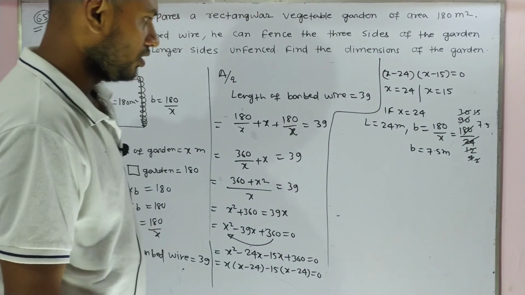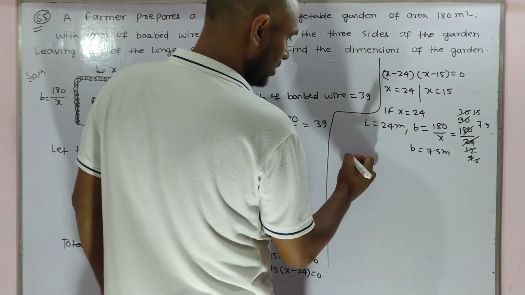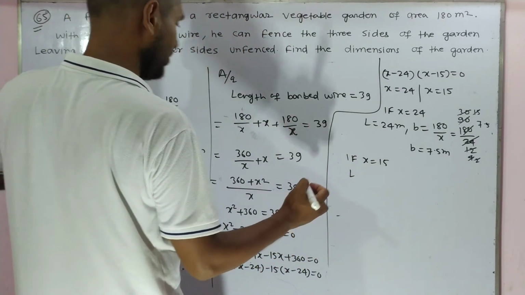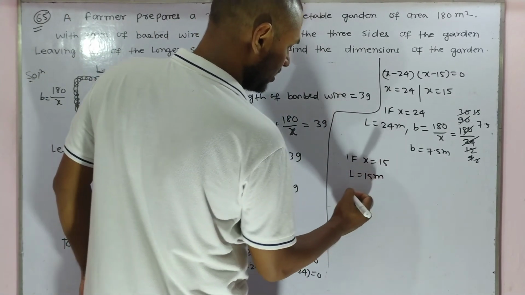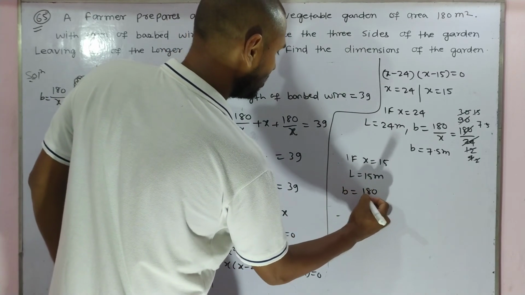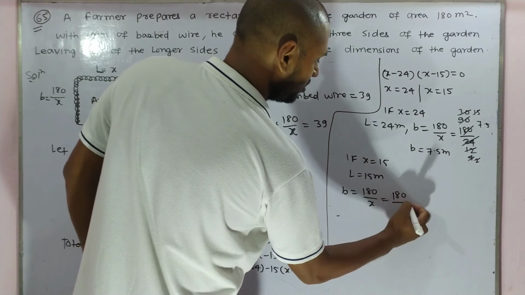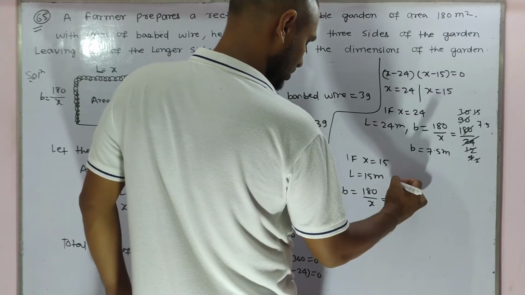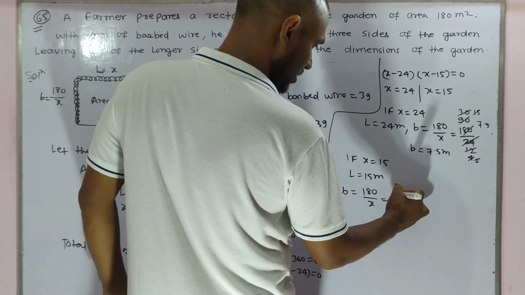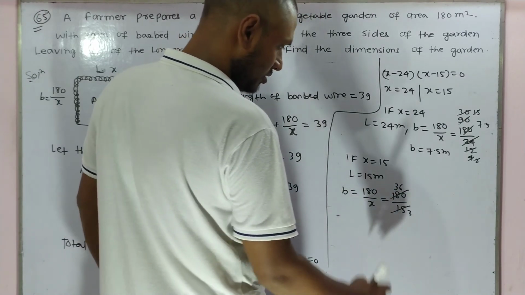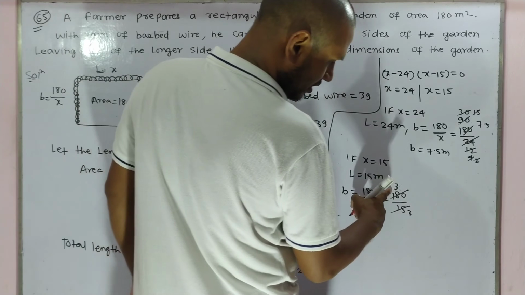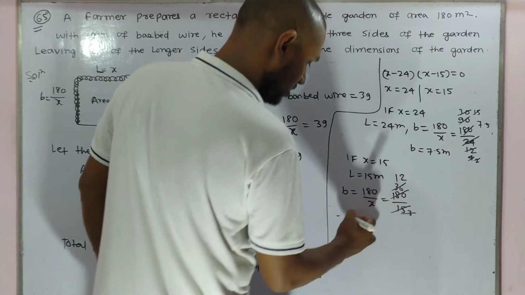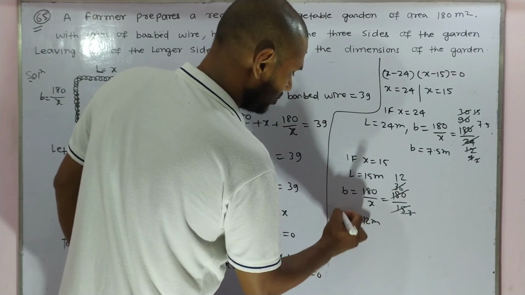If we put the value of x as 15, then the length becomes 15 meters, whereas the breadth becomes 180 upon x, that is 180 upon 15, which is 12 meters, and both are correct.